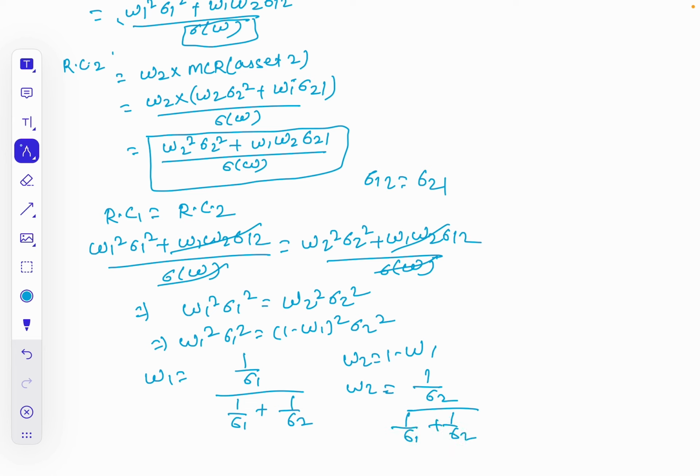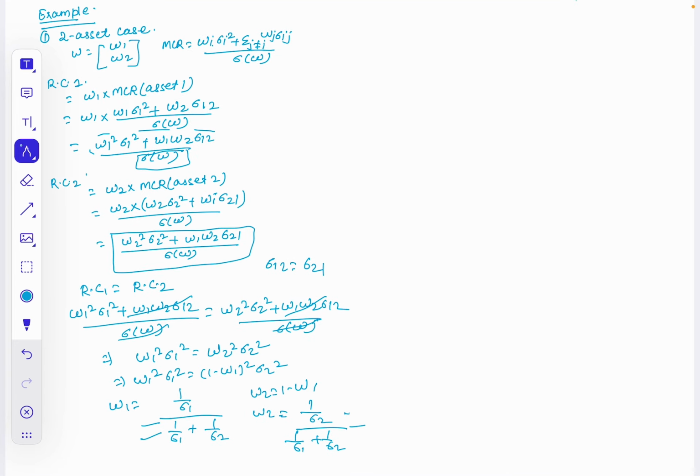Assign this weight to asset 1 and this weight to asset 2, and you will get a risk parity portfolio, where both assets contribute equal risk. So this is the concept of risk parity based portfolio optimization.